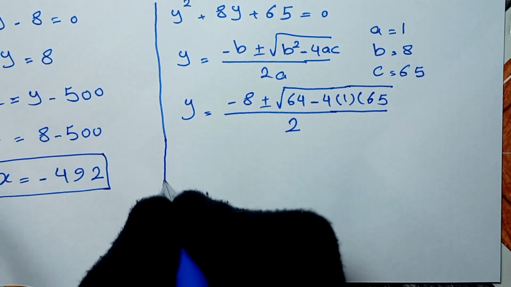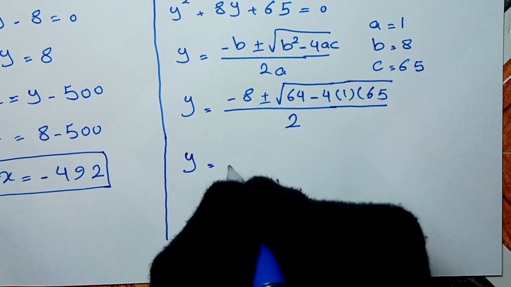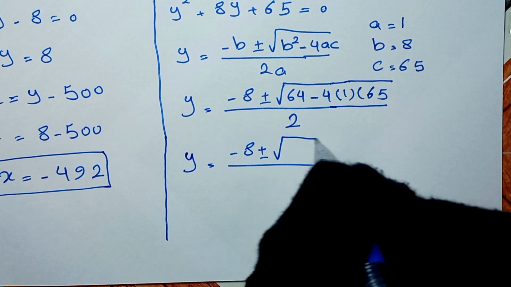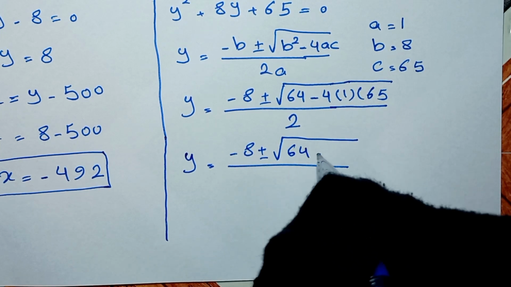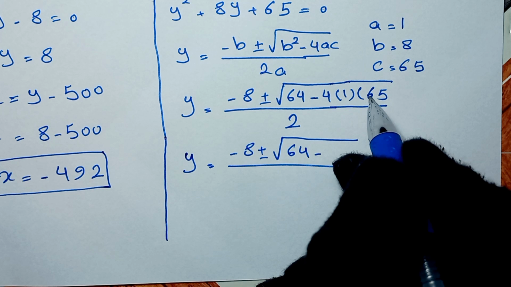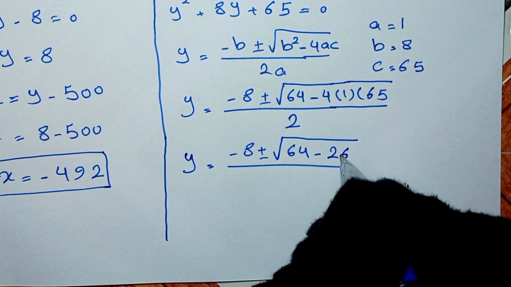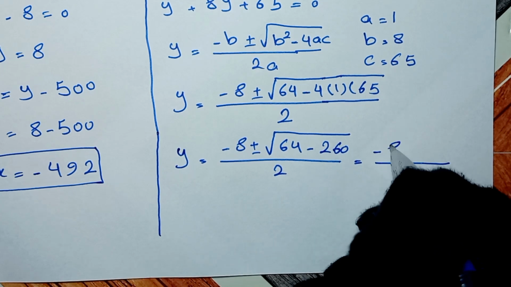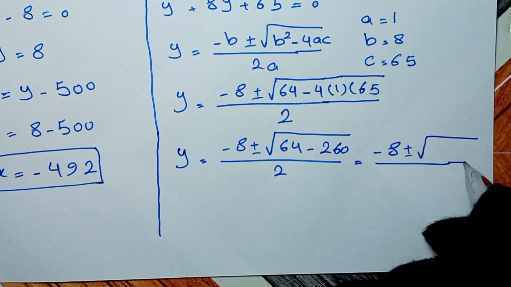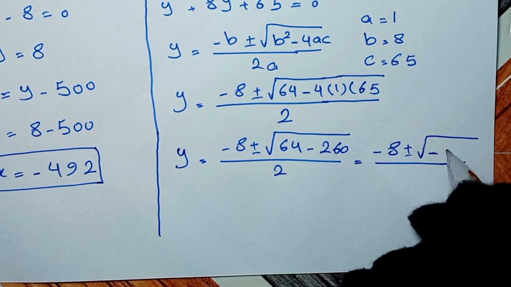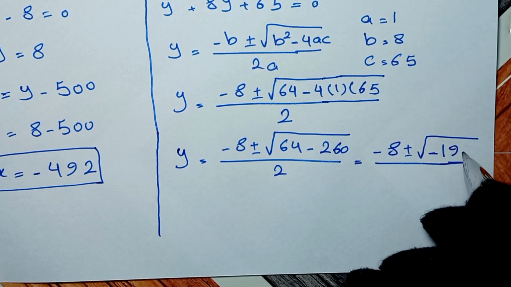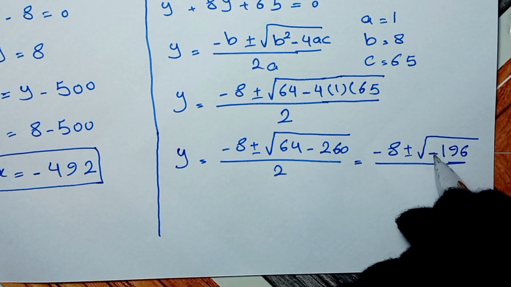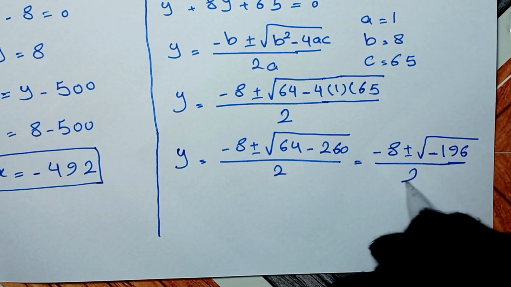Then y is equal to negative 8 plus or minus the square root of 64 minus 4 times 1 times 65, which is 260, over 2. From here it will be negative 8 plus or minus the square root of negative 196, right? 64 minus 260 is negative 196, over 2.